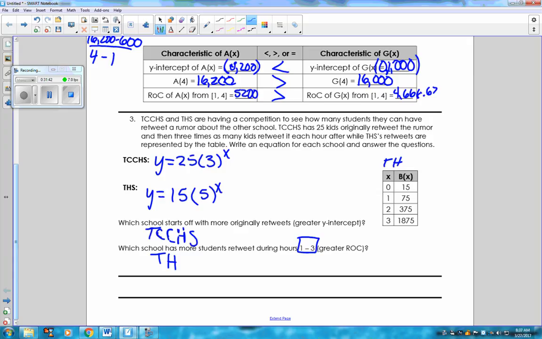Not all the time. Did you work it out? How do you know that's right? I could be wrong. Just because the inside the parentheses is bigger doesn't mean the rate of change is going to be bigger.